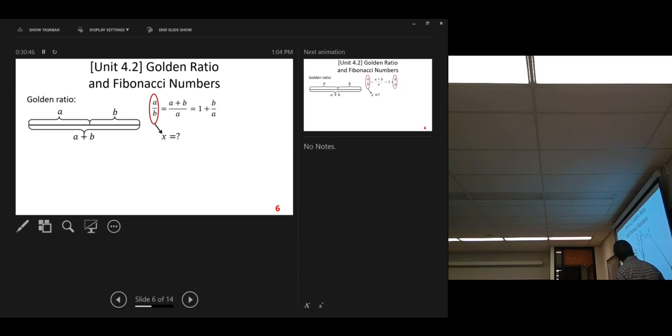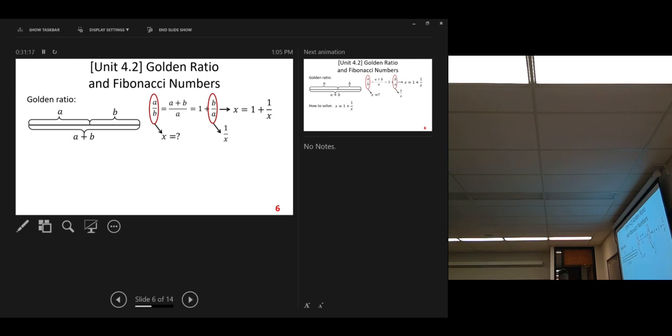A over A is 1. 1 plus B over A. Can we use X to represent B over A? Yes, 1 over X. So we get an equation with 1 variable: X equals 1 plus 1 over X. This equation has only 1 unknown, so we can solve it.